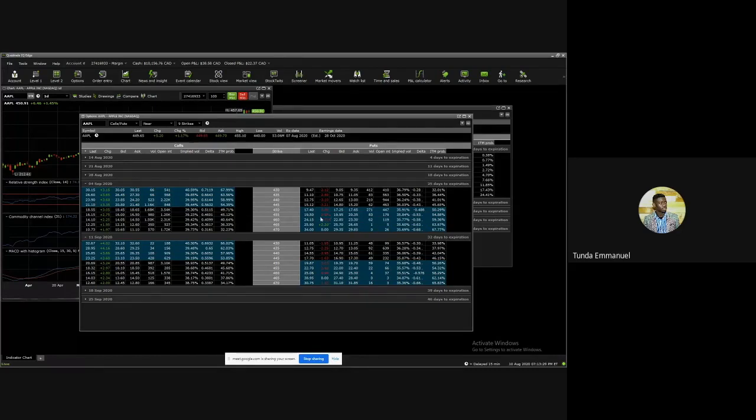You can notice that the higher your probability is, the higher your price will be, and the lower your probability is, the lower the premium will be. As a seller, if I'm looking for something with low probability, they're going to give me a low premium, because they know there is a 70% chance that I'm going to keep that money because I will be right. So they give me low credit for that.